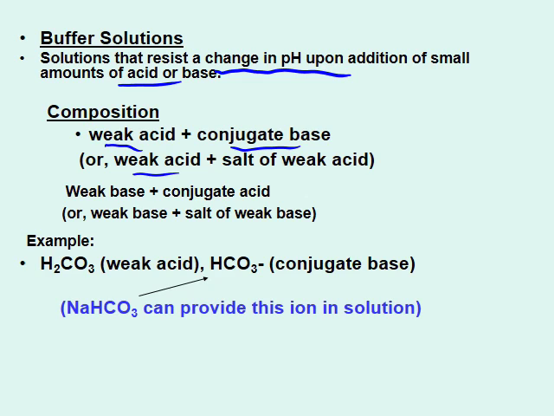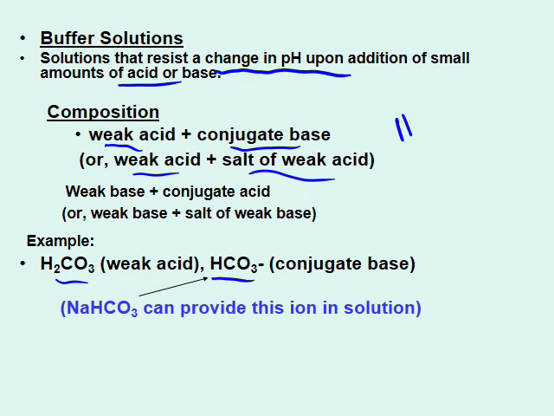or a weak acid and a salt of the weak acid. If you look at the weak acid H2CO3, the conjugate base of the weak acid is HCO3 minus. So basically I can have H2CO3 and HCO3 minus, and that would make a buffer solution.